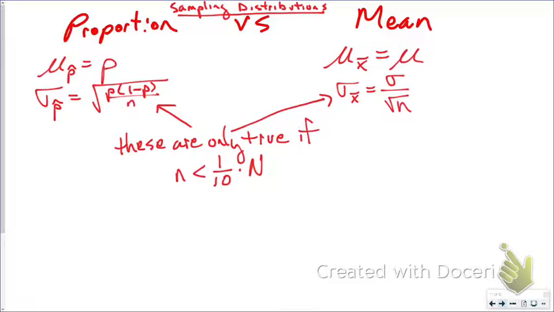So we talked about that before. Those two standard deviation rules are only true if less than 1/10 of the population has been taken for a sample.